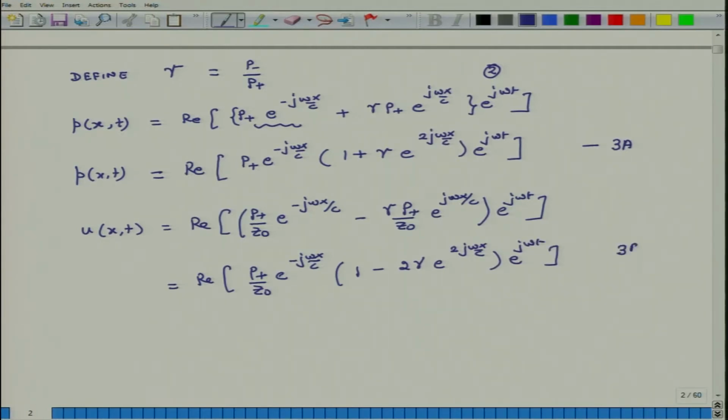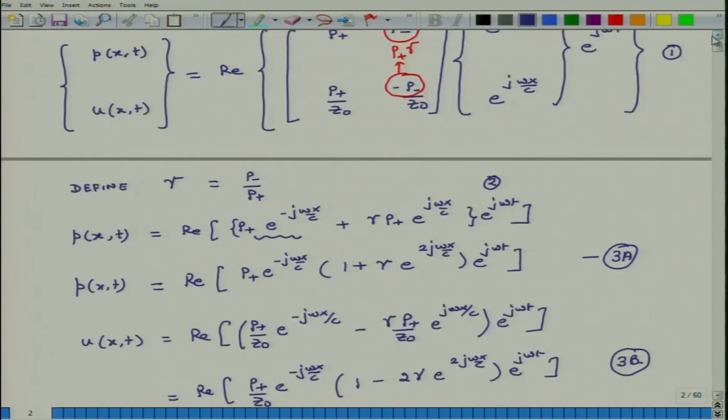So, this is equation 3b. I have expressed my relations for pressure and velocity in terms of p plus and gamma, and gamma, which we have defined as p minus over p plus, we will call the reflection coefficient. It is the ratio of p negative and p positive.